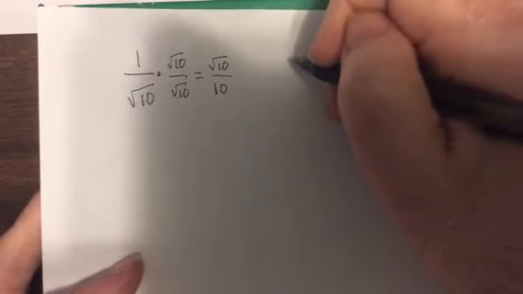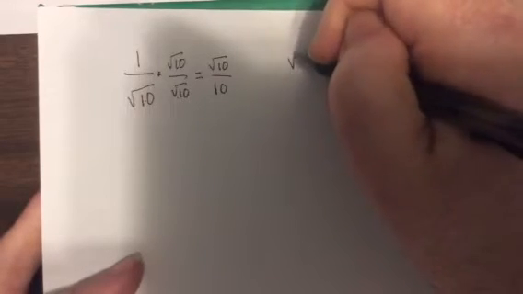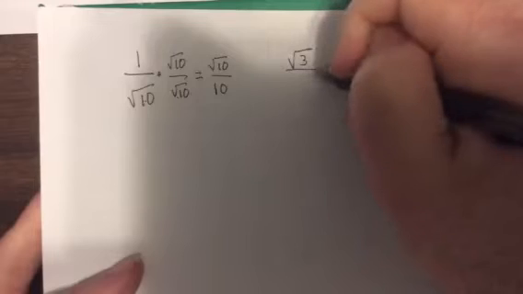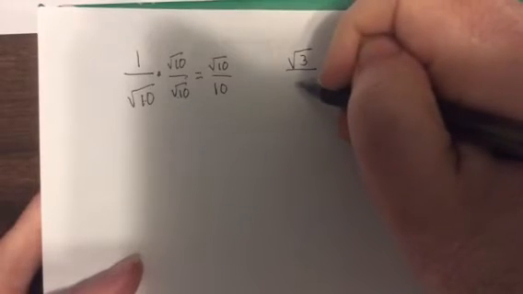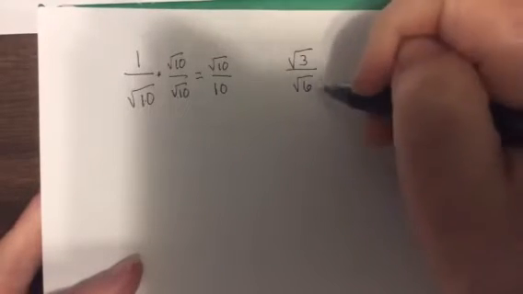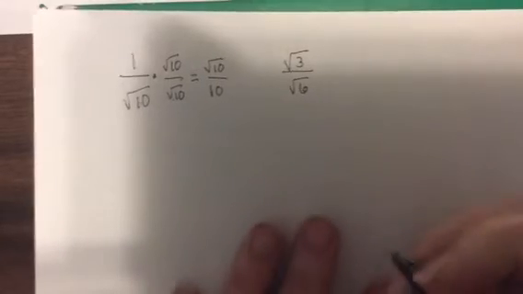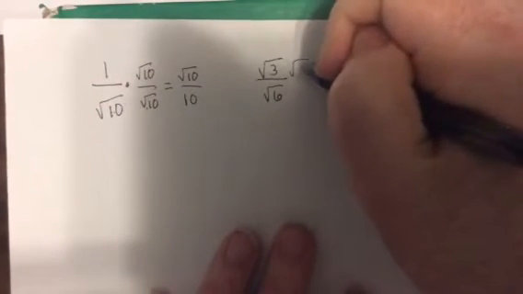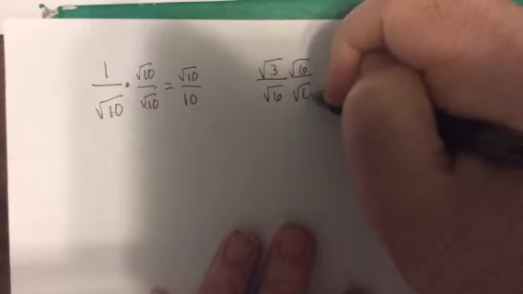So what if I have the square root of 3 over the square root of 6? Again, you'd multiply the top and the bottom by square root of 6.